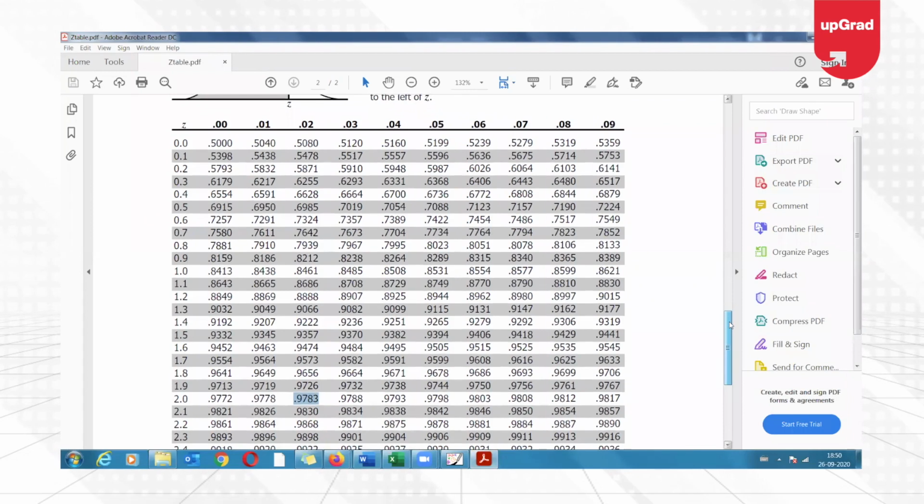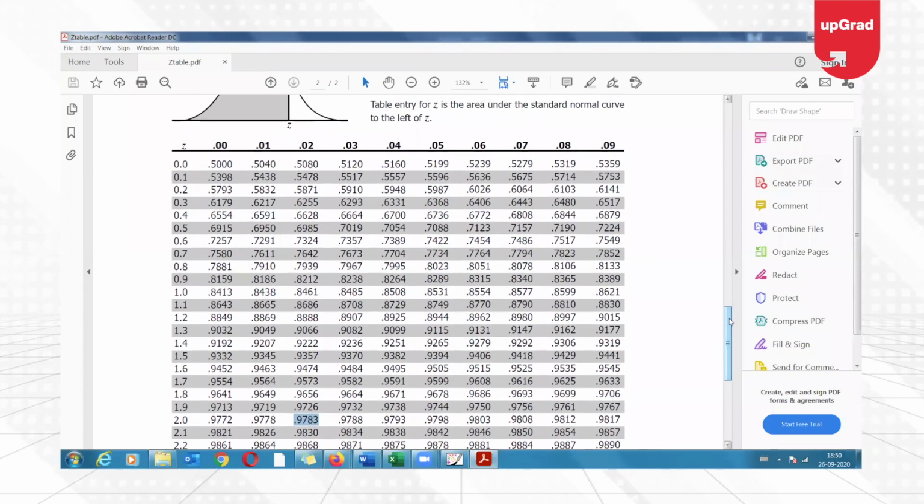Why? Because if you look carefully, whenever I'm calculating one side, I want one side to be less than 0.025. What is my ultimate objective?